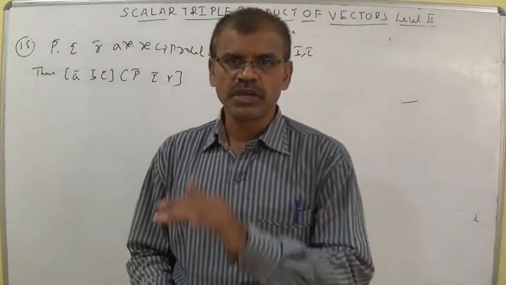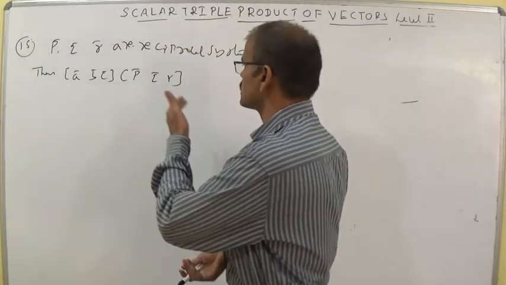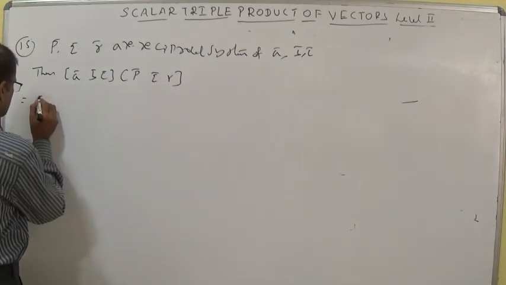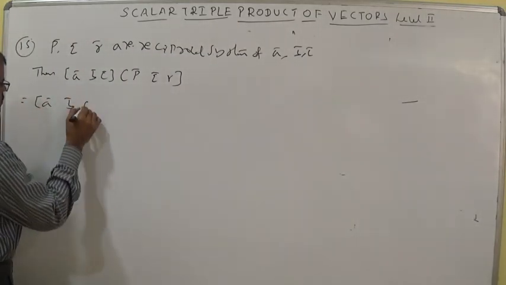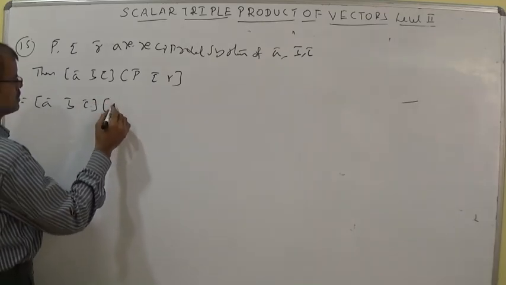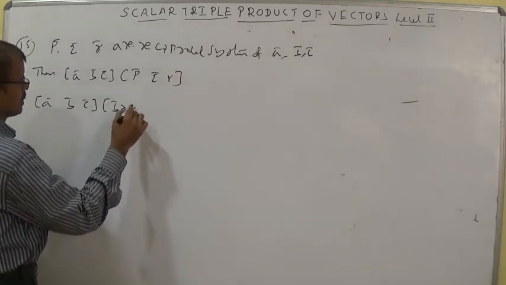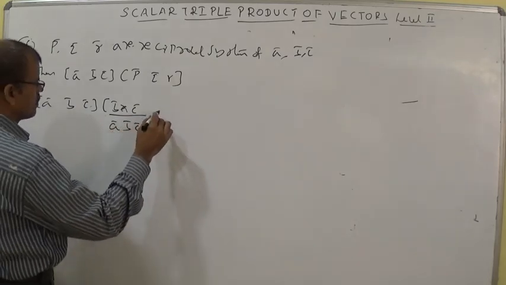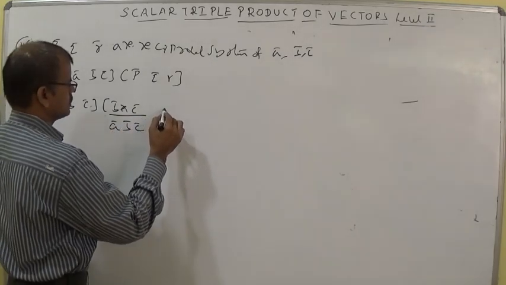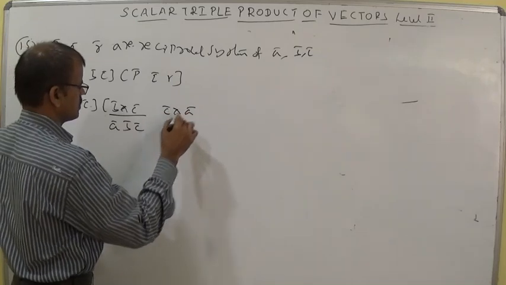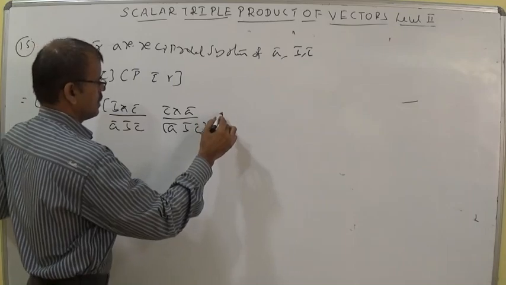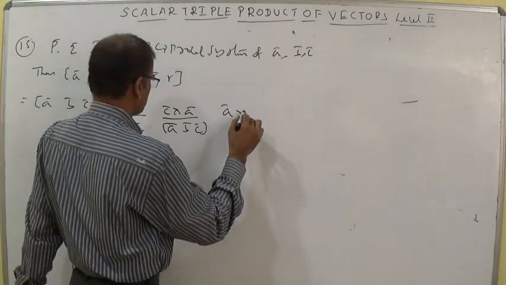P is equal to B cross C by box ABC, Q is equal to C cross A by box ABC, R is equal to A cross B by box ABC. We can write here box ABC into B cross C by box ABC, here this is C cross A by box ABC, and here you can write A cross B by box ABC.